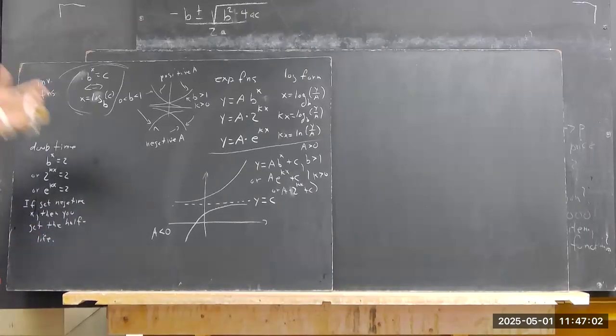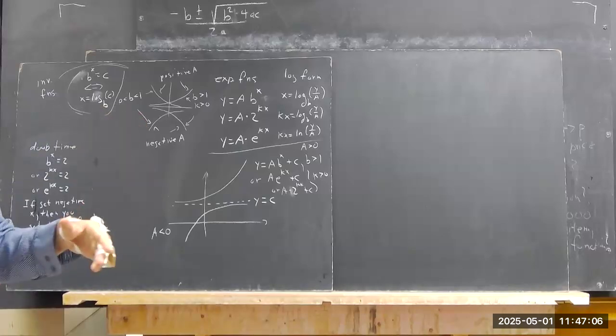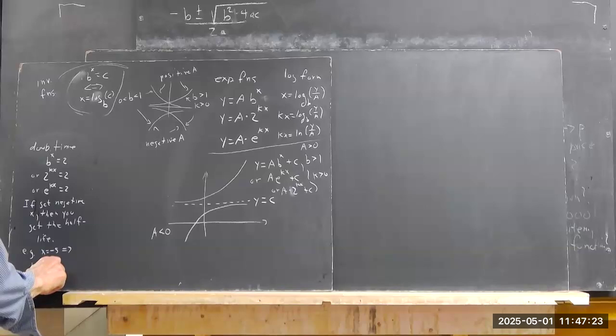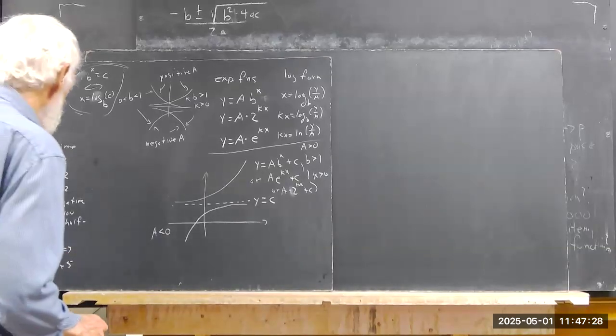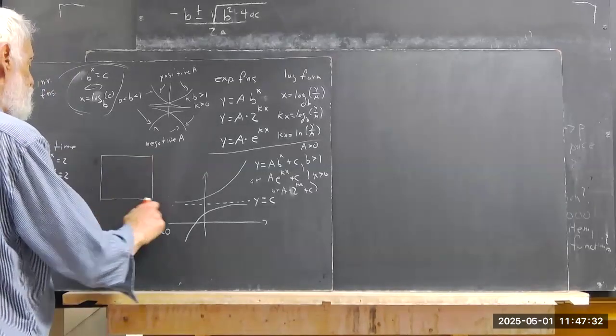So for example, if x is -5, you would have a half-life of 5. I could write out a rigorous definition of that, but then you'd have to process it. So just for example, if x equals -5 implies a half-life of 5. I want to relate this now to the graph of the function.